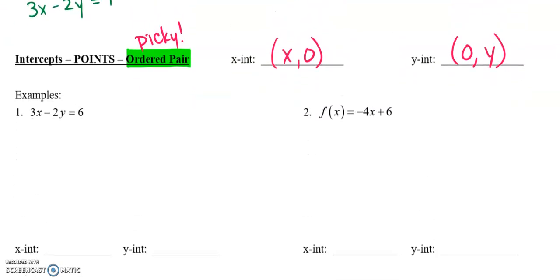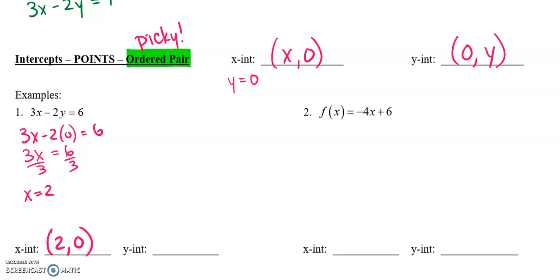Okay. So what do I know about every x-intercept? I know that the y is equal to 0. So I'm going to replace the y with 0. That gives me 3x minus 0 equals 6. Divide both sides by 3. I get x equals 2. Therefore, my x-intercept is 2 comma 0.